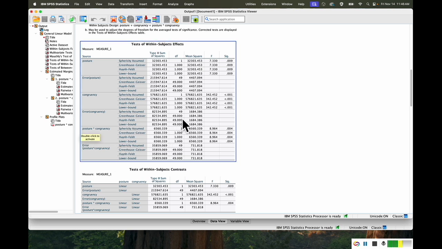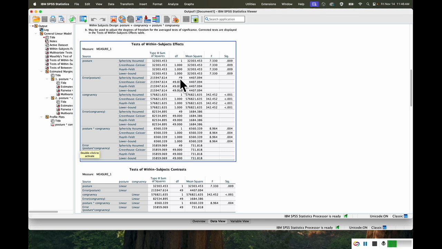And because you multiply the degrees of freedom of the main effects to get the degrees of freedom for the interaction effect, 1 times 1 equals 1. Our error row here tells us the degrees of freedom for the interaction term. As you can see, it's 49.